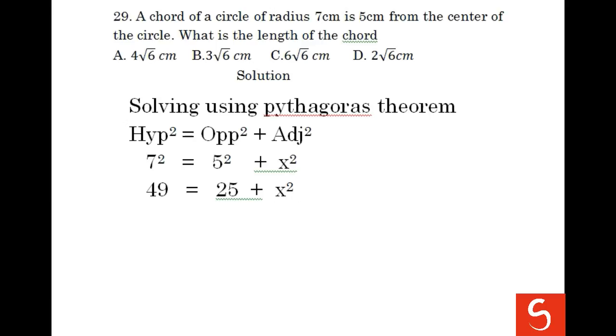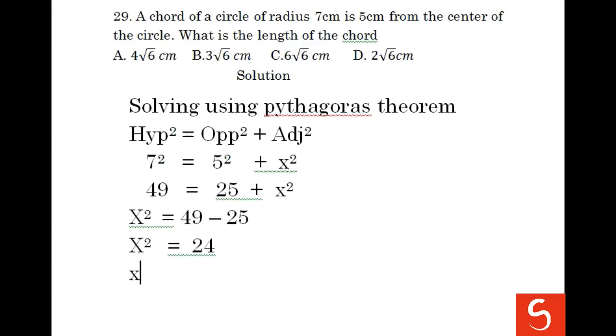Now we collect like terms. x squared is equal to 49 minus 25, and 49 minus 25 is 24. So x squared is equal to 24.